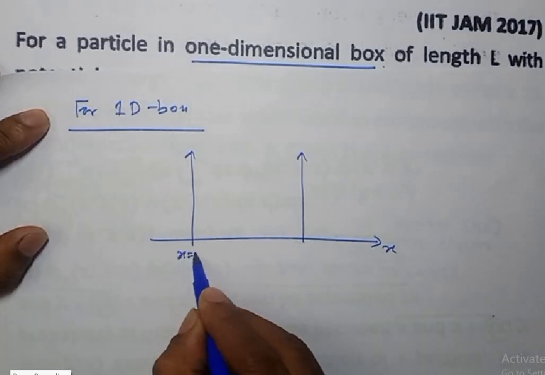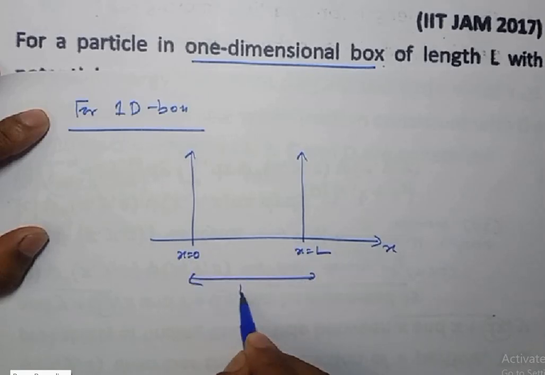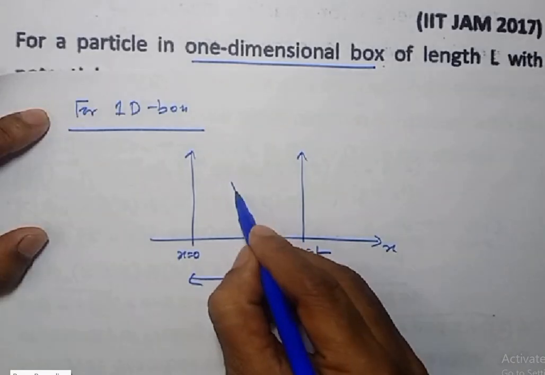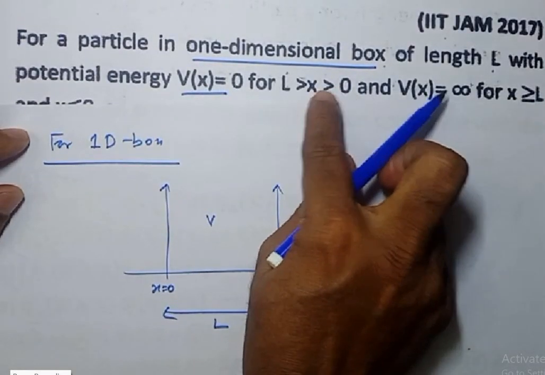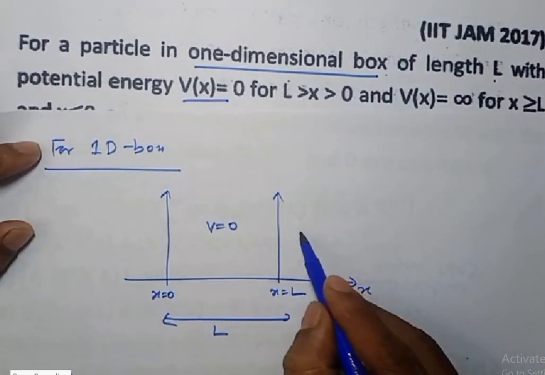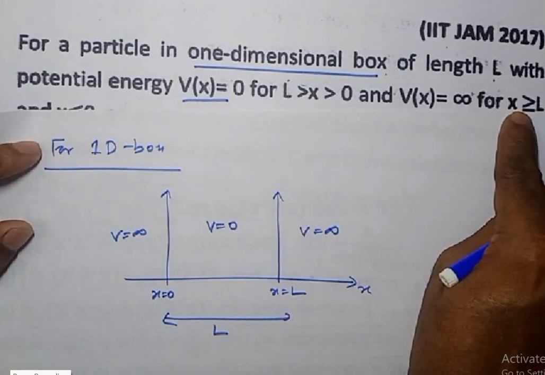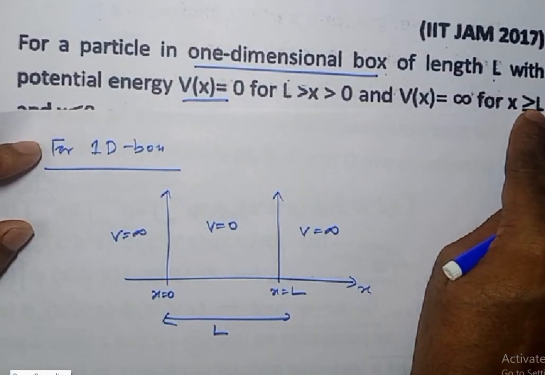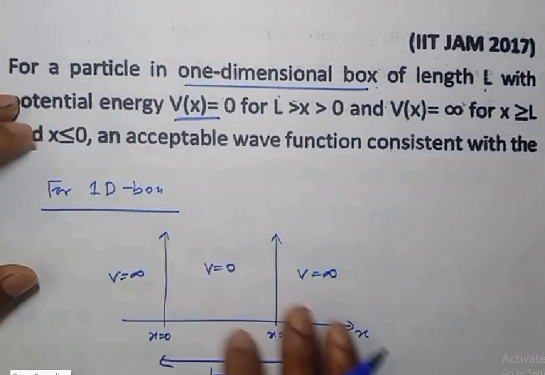Here x is equal to 0, here x is equal to L, so the length of the box is L. The potential energy is 0 between 0 and L, meaning inside the box it is 0, and the potential energy is infinite elsewhere, that is beyond x equal to L and for x less than 0.